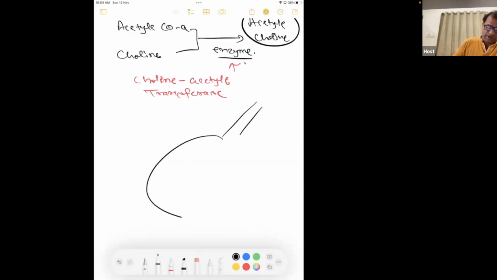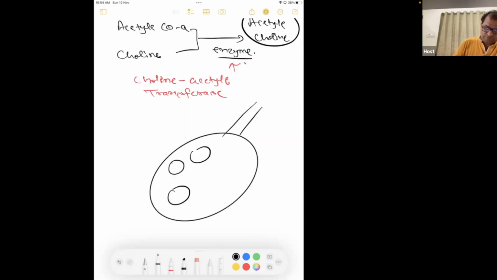So we can see in the nerve endings, there are many pouches, but they are empty pouches or the vesicles.